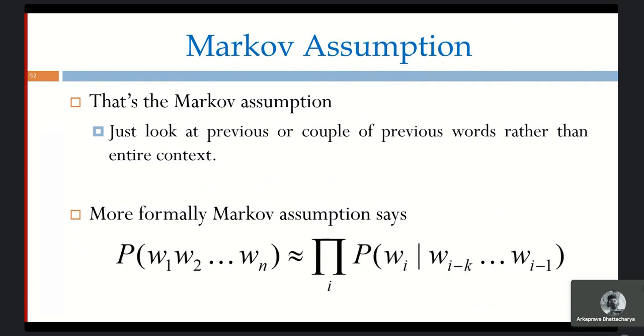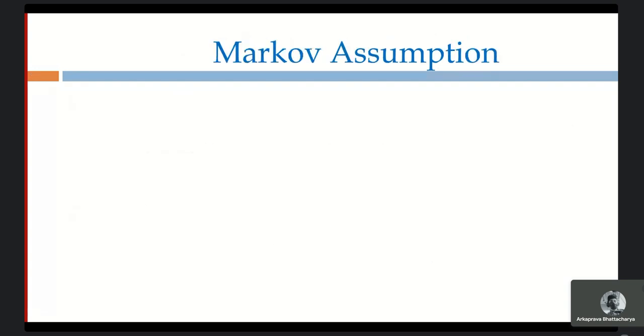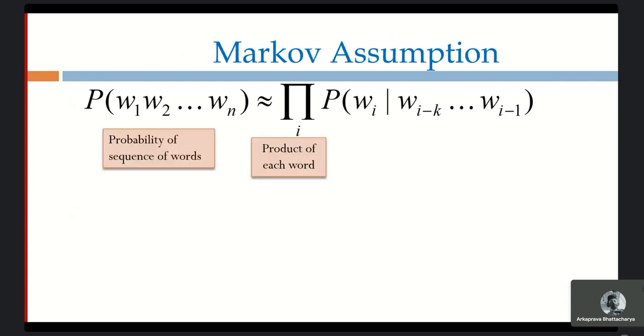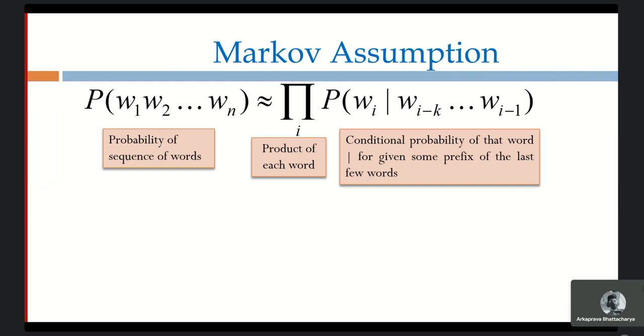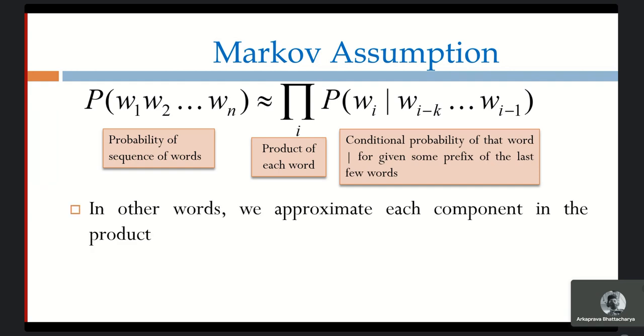More formally, the Markov assumption says the probability of a sequence of words is the product of the probability of w_i given w_i minus k to w_i minus 1. So the probability of a sequence of words is the product of each word's conditional probability given some prefix of the last few words.